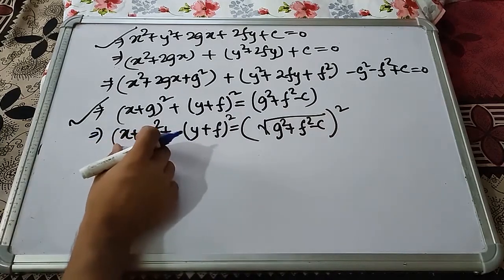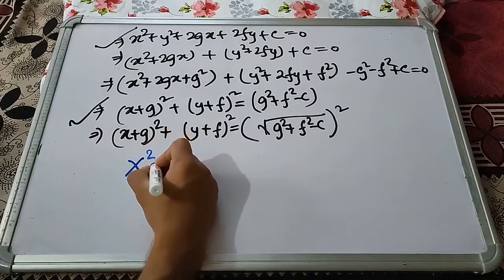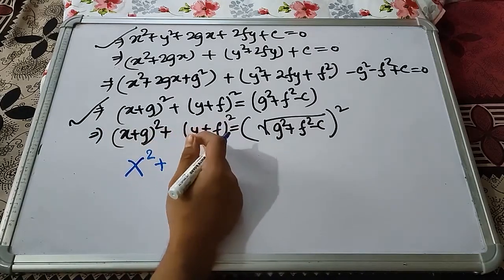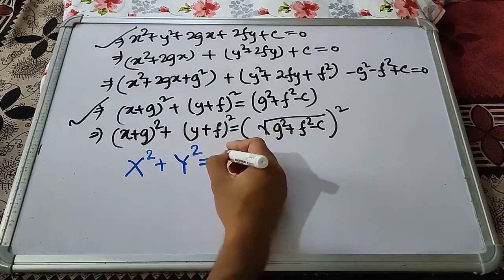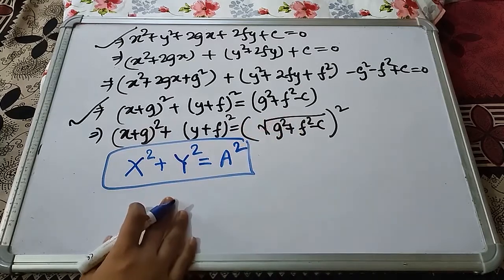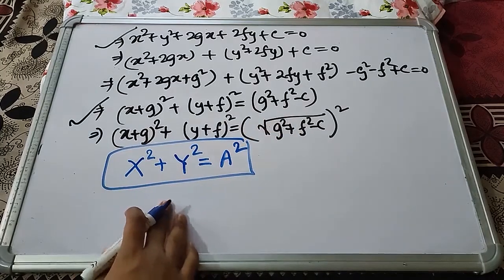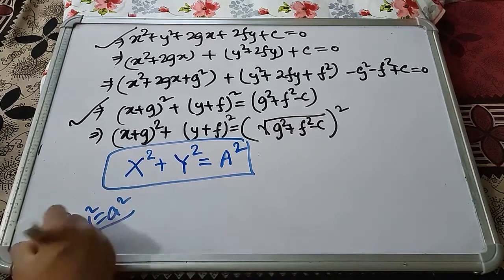So if we consider this x plus g as capital X square plus the y plus f as capital Y square equals, and this as a square. Does this look similar? Of course it does. It is that similar equation just written in a capitalized version, x square plus y square equals a square.